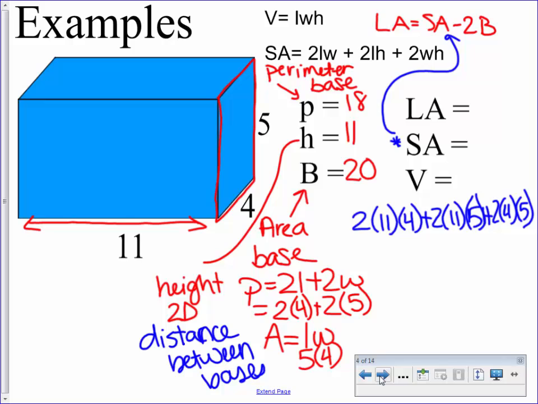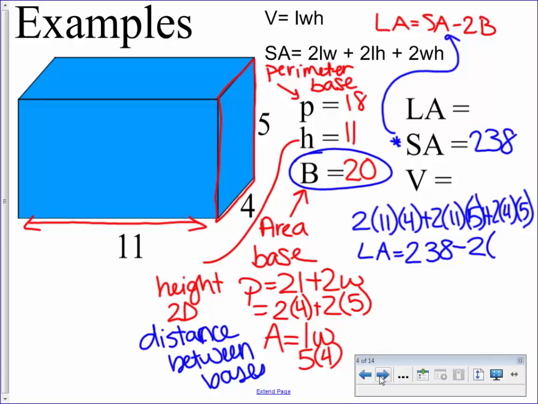So you're going to plug all of that in, and you should get the surface area to be 238. So now when we do lateral area, we're going to do our surface area, 238, minus 2 of our big B's, the area of the bases, so 2 times 20. So 238 minus 40 gives you the lateral area as 198.